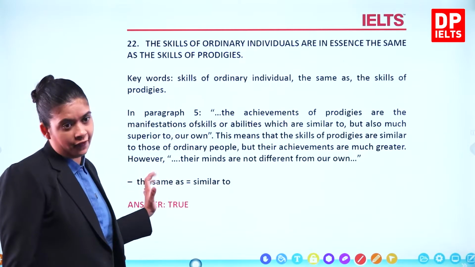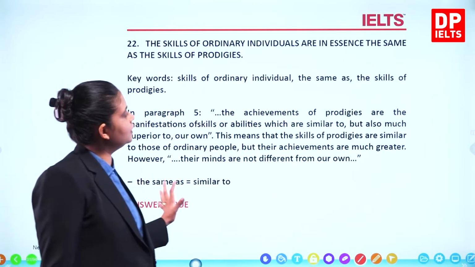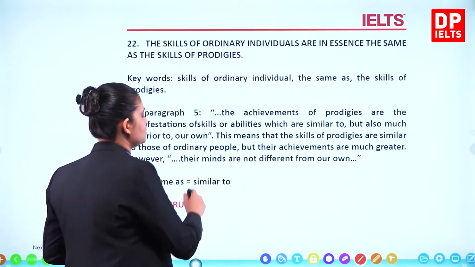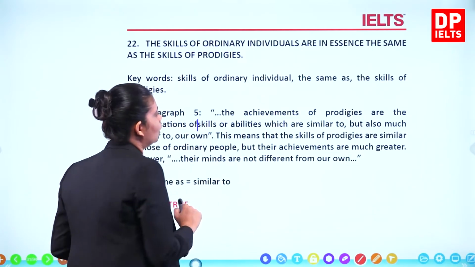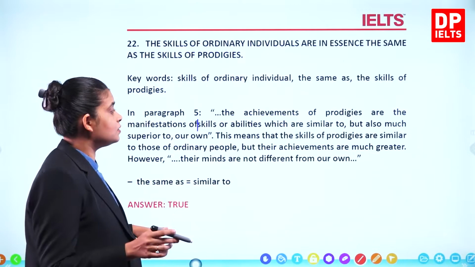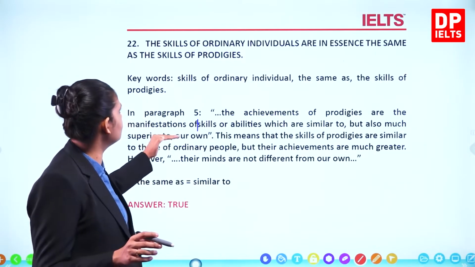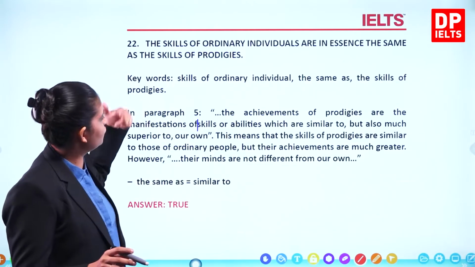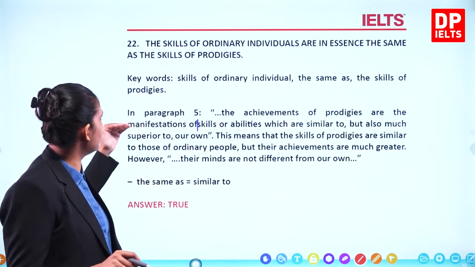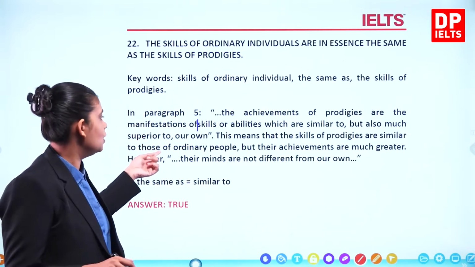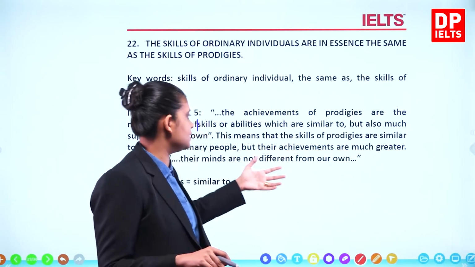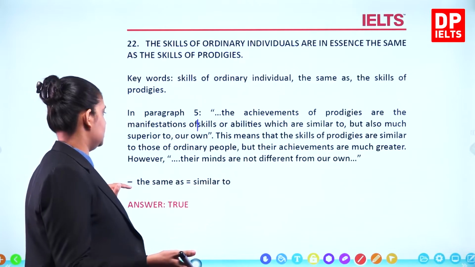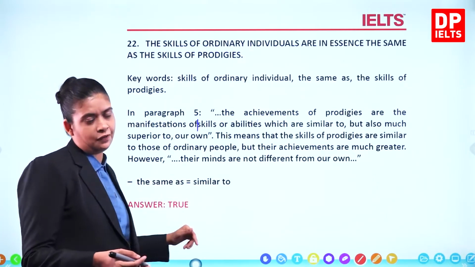If you go to paragraph 5, it says, the achievement of prodigies are the manifestations of skills or abilities which are similar to but also much superior to our own. Similar but also superior. This means that the skills of prodigies are similar to those of ordinary people, but their achievements are much greater. So the answer would be definitely true.